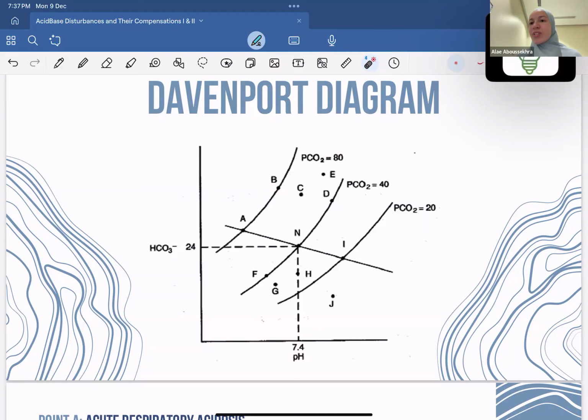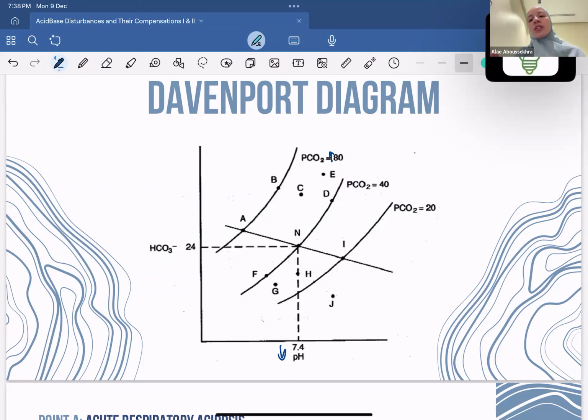It's 80. What does that mean? Increased. So we have increased partial pressure of CO2. Okay, so if you do ROME again, respiratory opposite. So basically CO2 is increased, pH is decreased. Does that work? Yes, it works. So we basically have a respiratory acidosis.